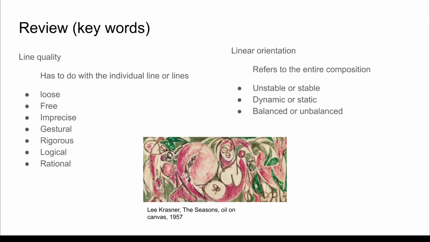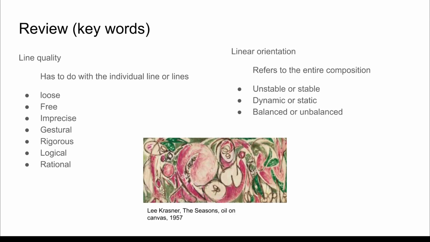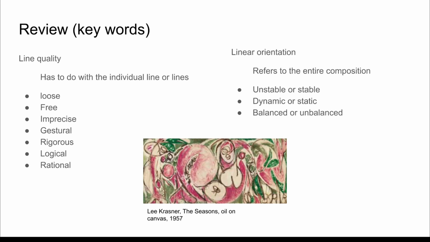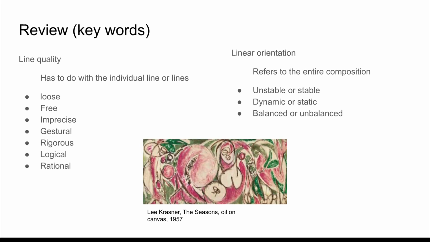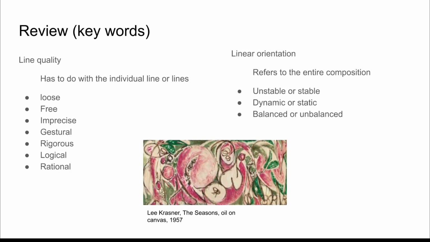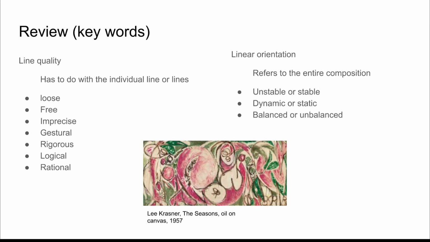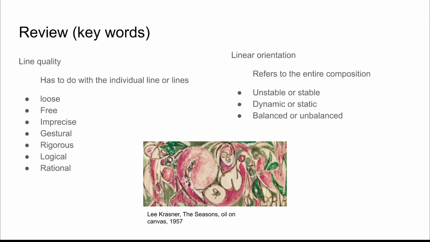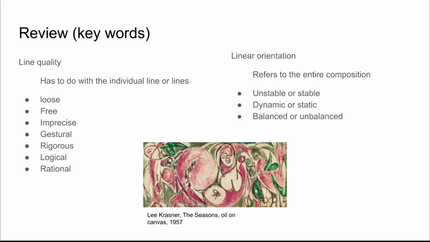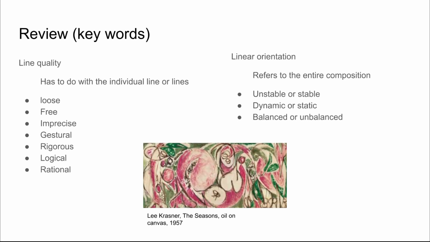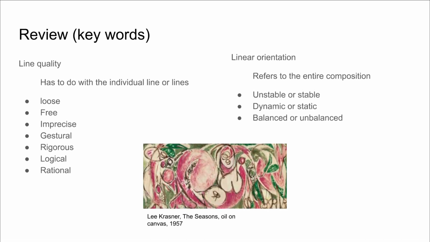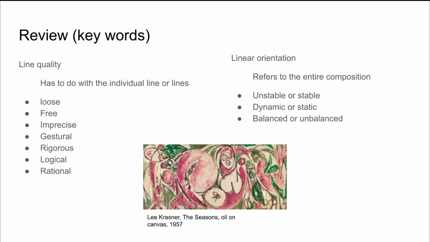And here I would like to break down line into what we would talk about as line quality and make a distinction between that and linear orientation. Line quality has to do with the individual line or lines, so they could be loose, free, imprecise, gestural, rigorous, logical or rational, or many more.